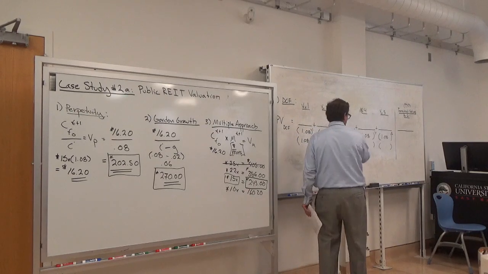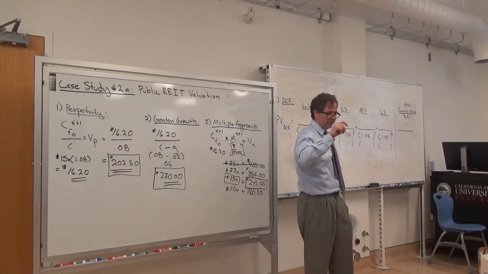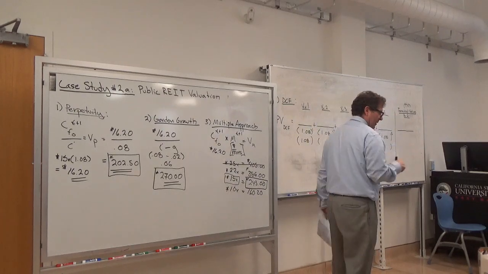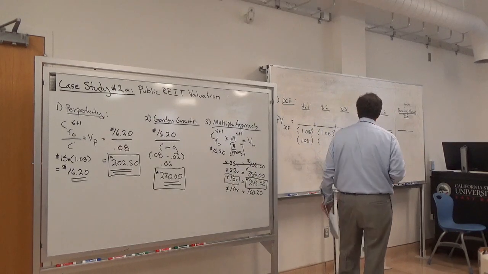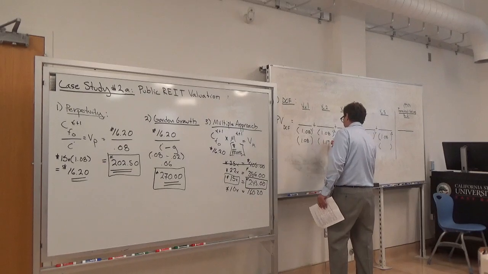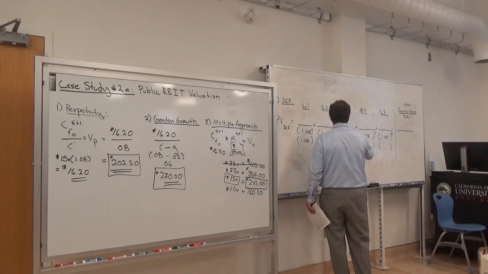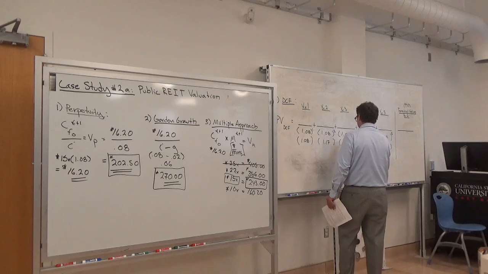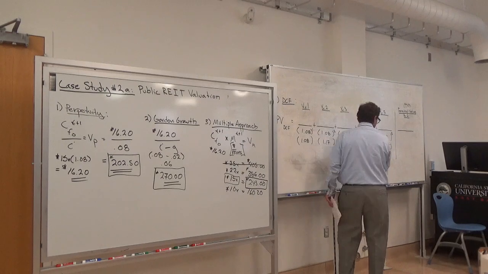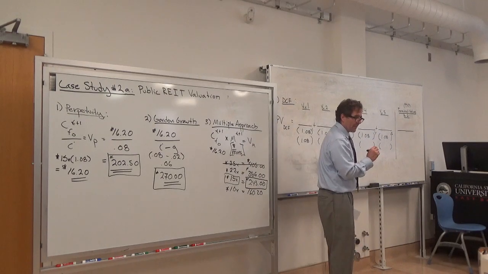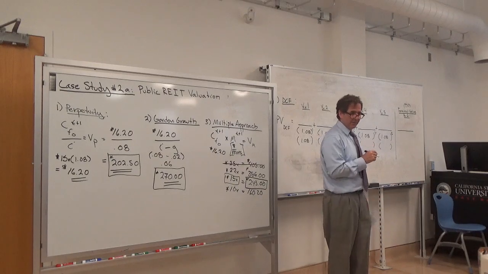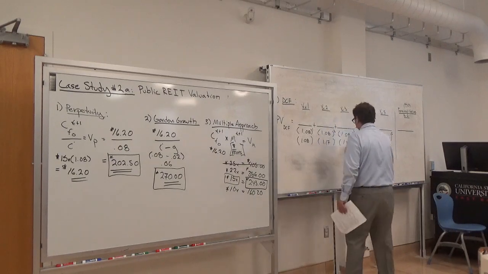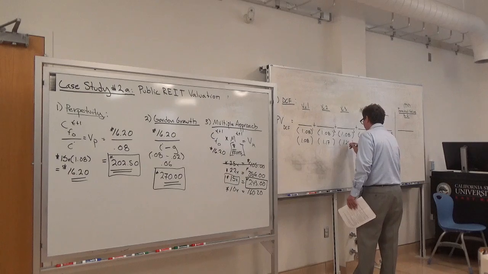What's 1.08 squared? Calculators, please. 1.17. What's 1.08 to the third? 1.26. Is that right?